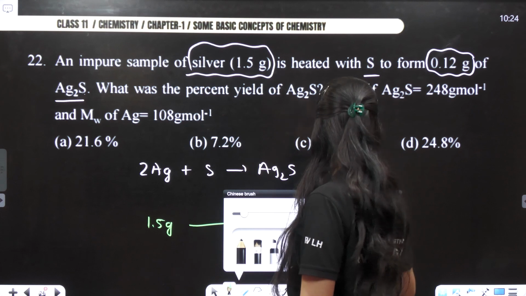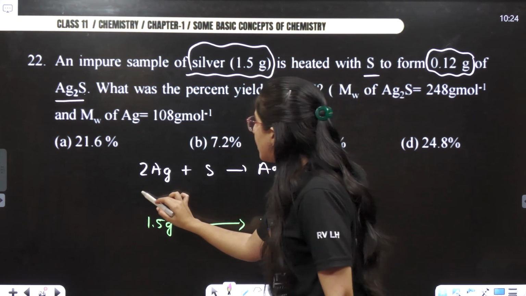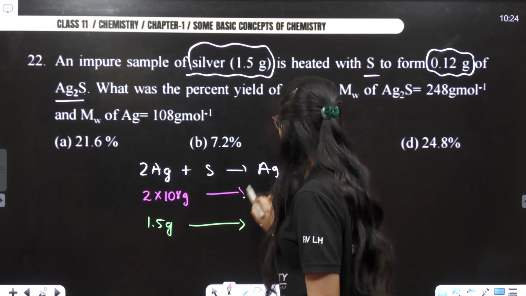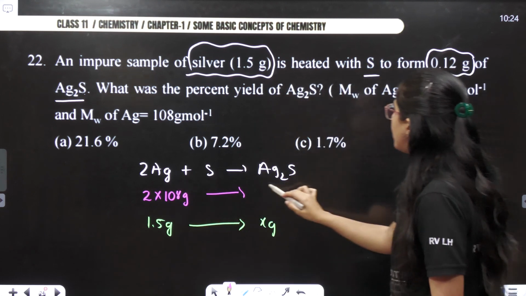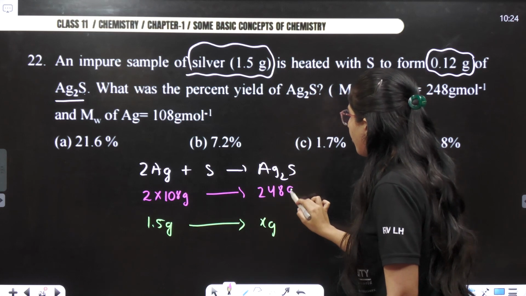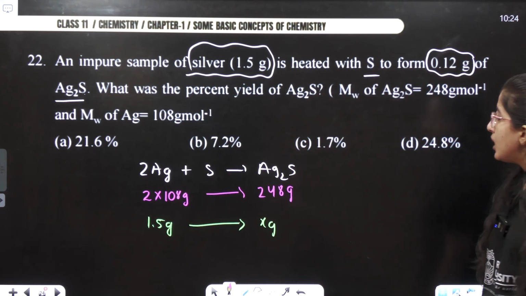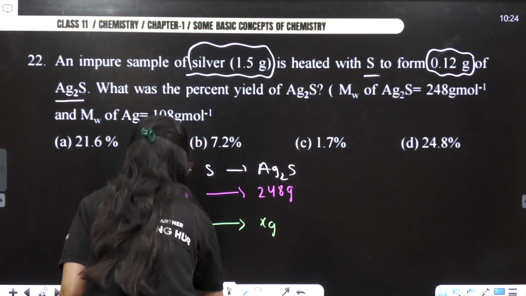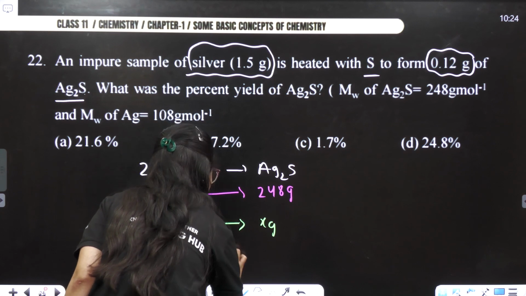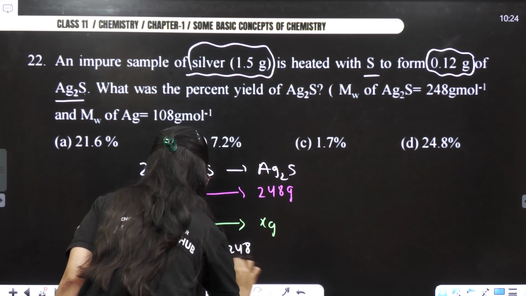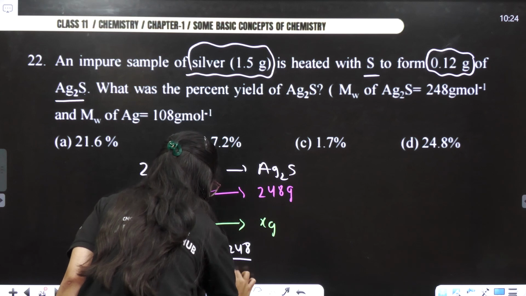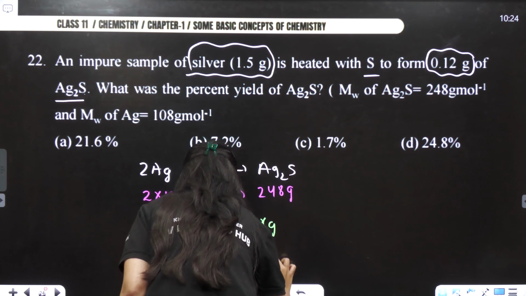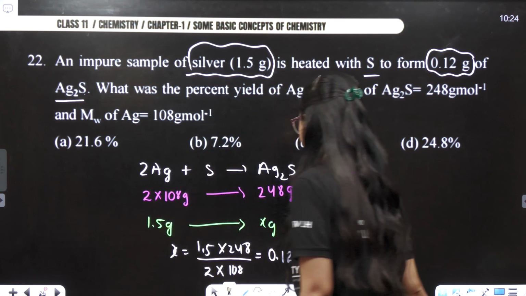From this equation you can clearly say that 2 moles of silver, 2 into 108 grams of silver, must give 1 mole of Ag2S, that is 248 gram of Ag2S. So what will be the value of X? It will be 1.5 into 248 divided by 2 into 108.